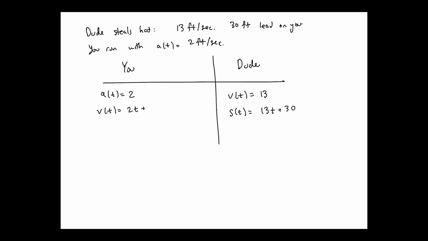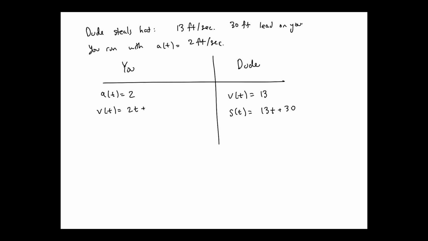Where do you start in terms of your velocity? We're going to say you start at 0 and he starts at 30. Otherwise you have to say he starts at 0 and you start at minus 30, right? But either choice is not relevant right this moment because we're talking about velocity.